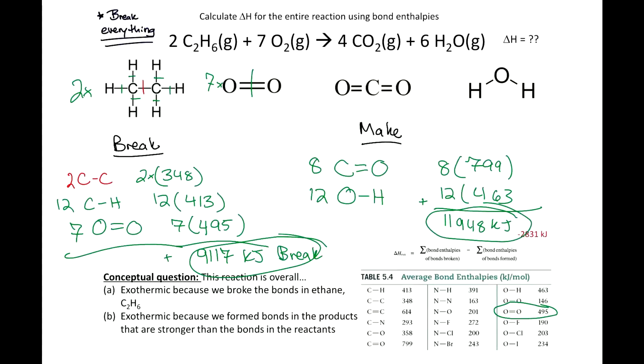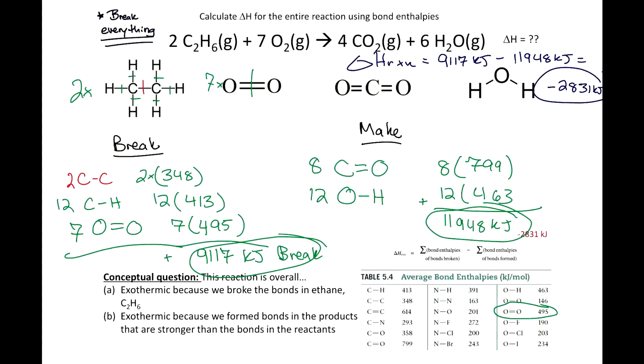So when we calculate the enthalpy of this reaction, how do we do those numbers? We do break minus make. We broke about 9,000 kilojoules worth of bonds, but we get back about 11,000 kilojoules worth of bond energy. So this reaction has a total enthalpy of about negative 2,800 kilojoules, because the bonds that we make are so much stronger.